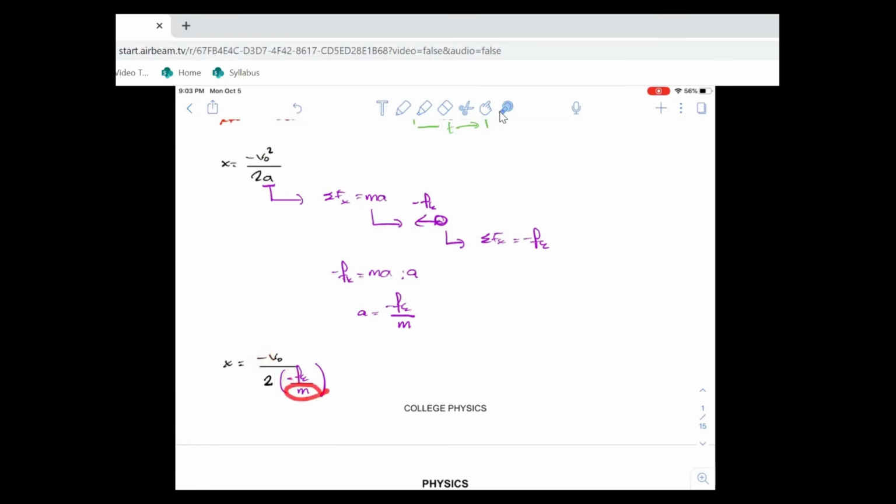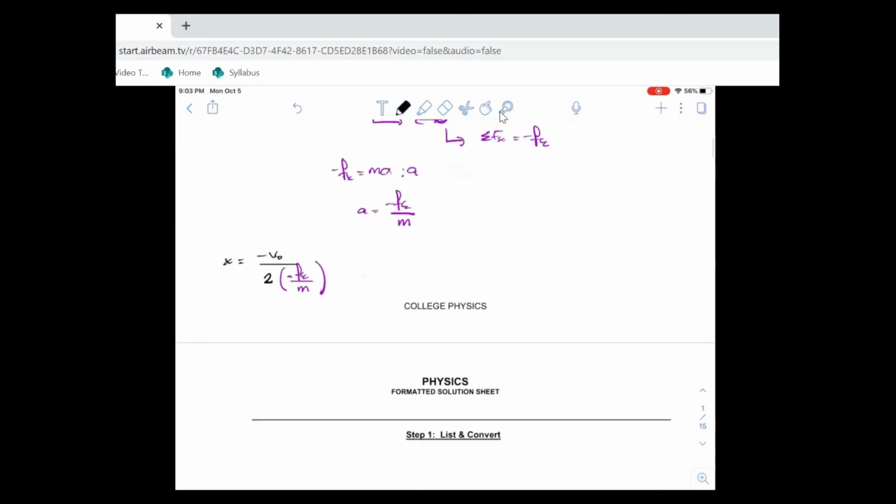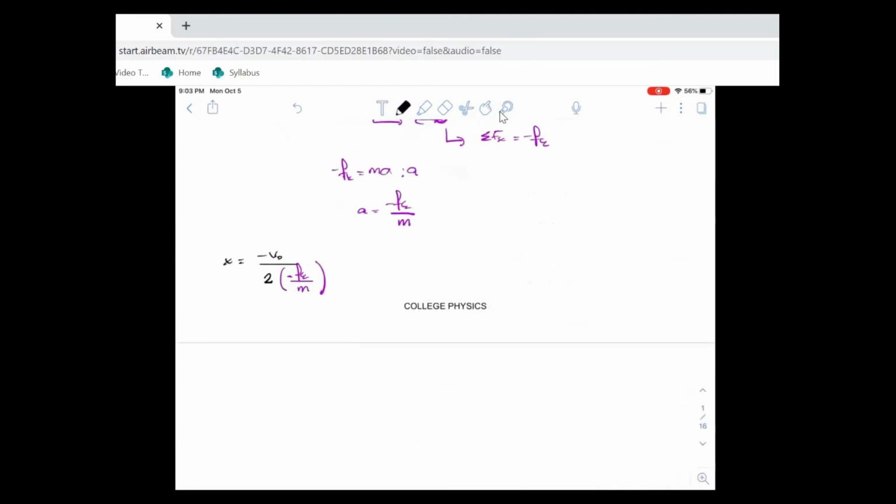So the denominator of a denominator is going to be the numerator, so m is going to go up here. All right, so I'm going to rewrite this formula, clean it up. It's going to be m v0 squared divided by 2 times the kinetic friction force.